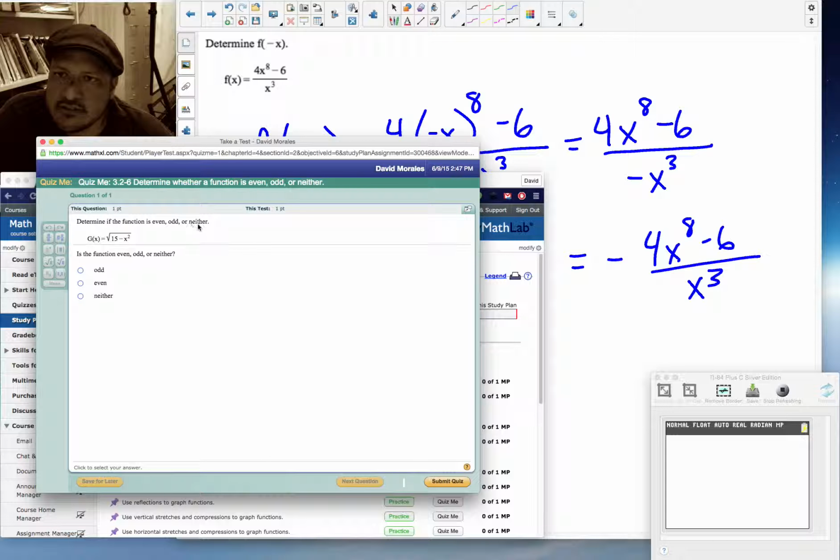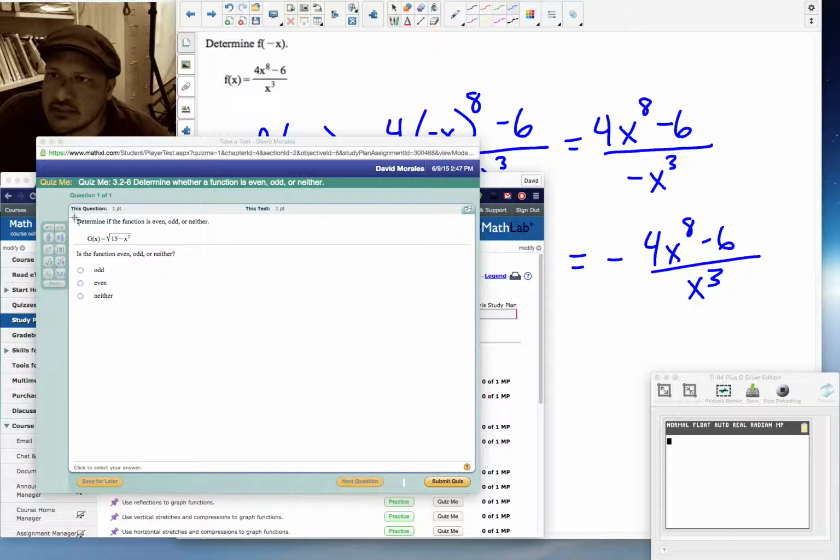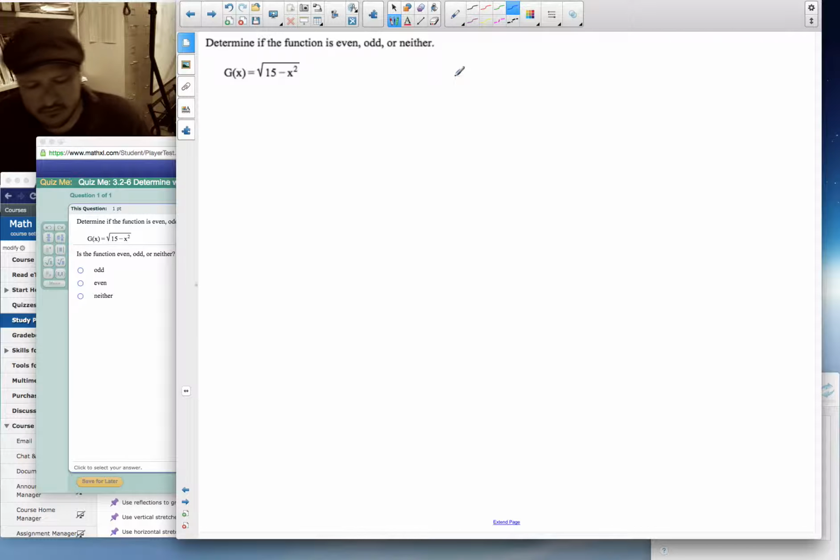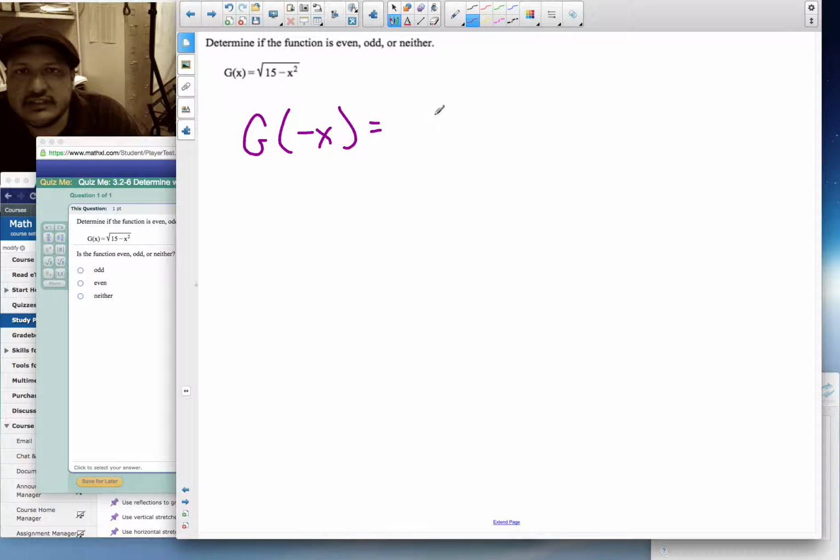Determine if this is even, odd, or neither. Now the quick answer is it's going to be even, but the way we do this, so I'll work it out, is you plug in the negative and you see what you get. You can also graph it, that's another way to see it. So you plug in g of negative x, and you're going to get 15 minus negative x squared.